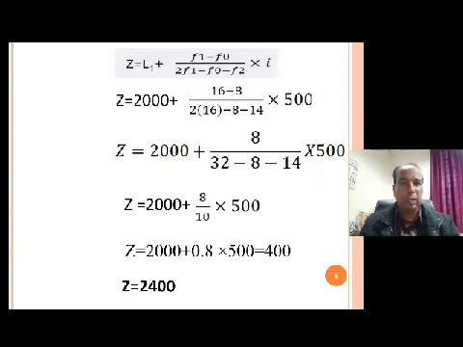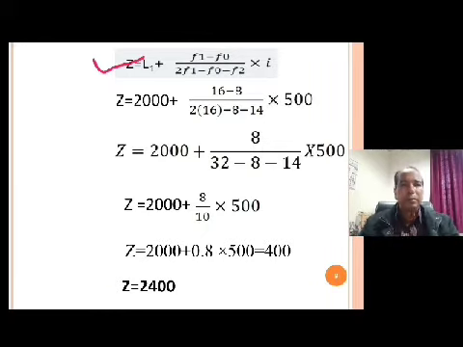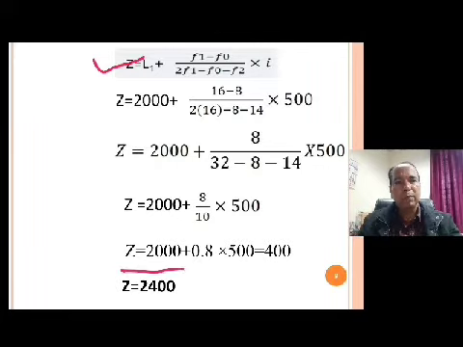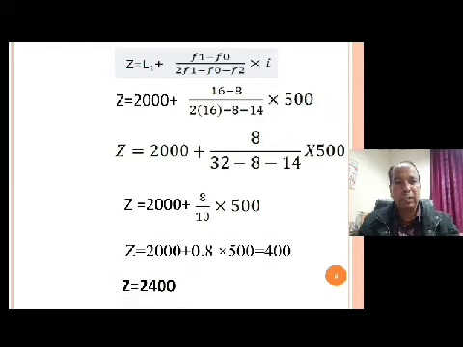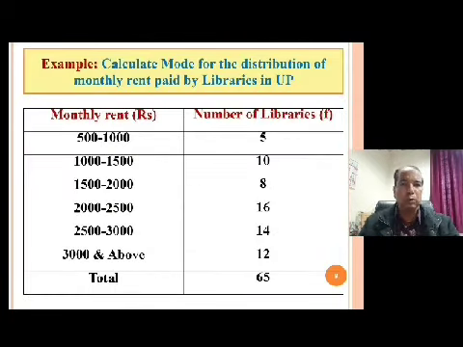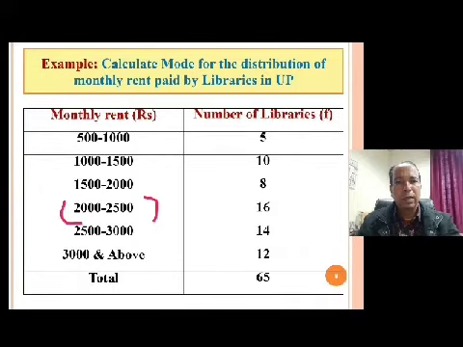So how is the formula applied? The formula is applied like this. This is the formula written over here. You apply it and you get this value. Mode is 2400. Here you can check whether the mode falls into the modal class or not. 2000 to 2500 is the modal class, right?